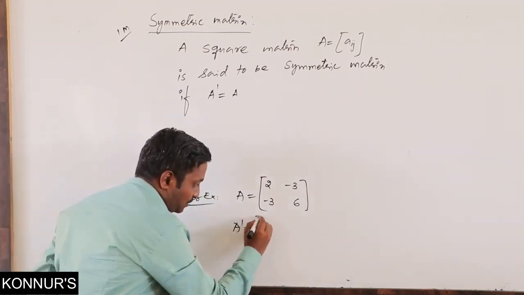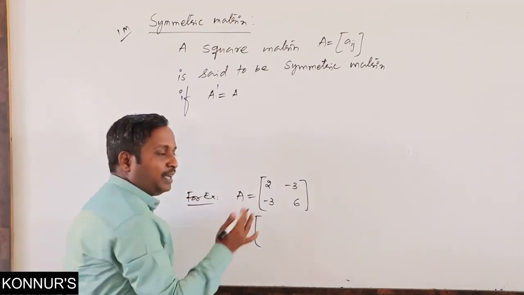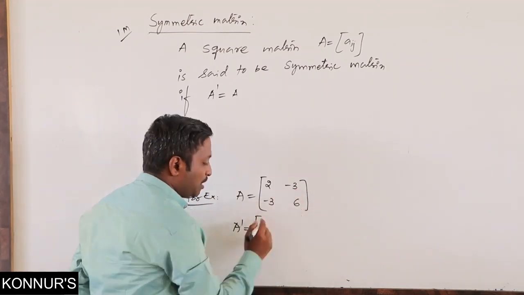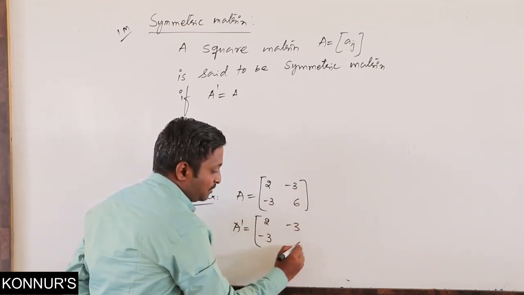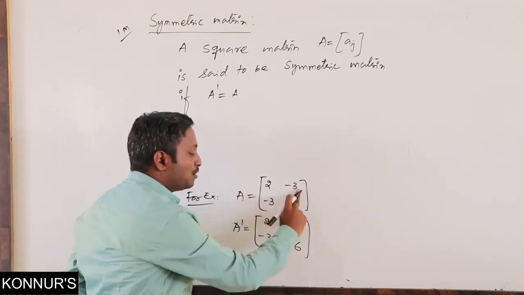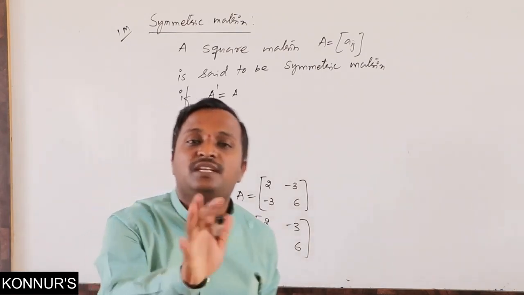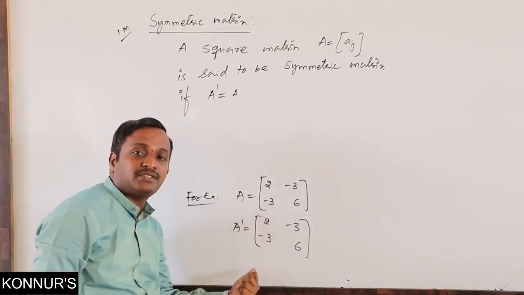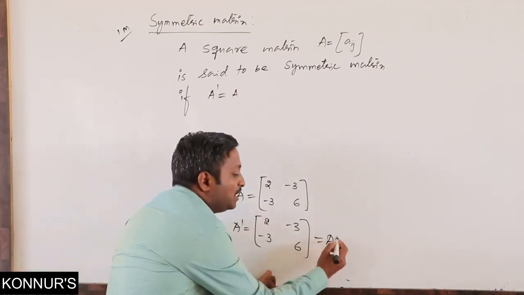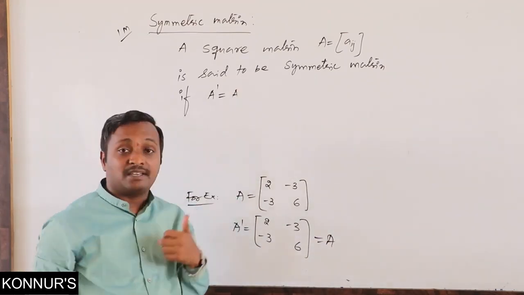How to make a transpose? Row becomes column: 2, -3, -3, 6. Observe, I made row as a column. I interchanged rows and columns. Even so, A dash has no difference. Both are same. That's why it is called a symmetric matrix.